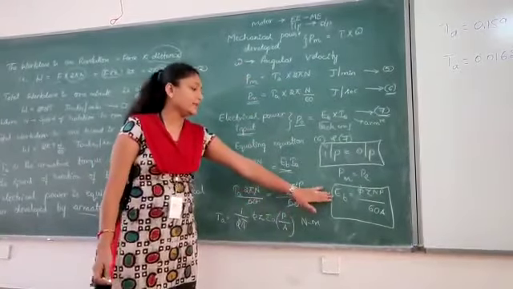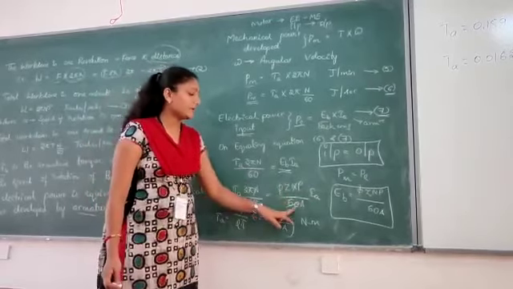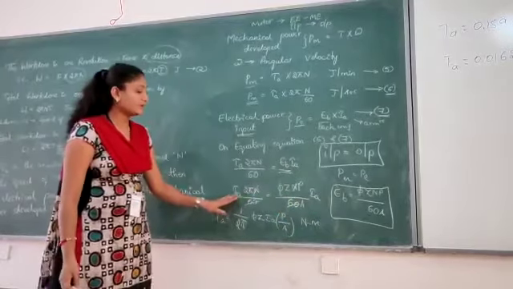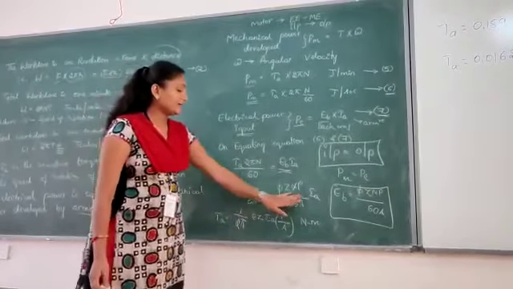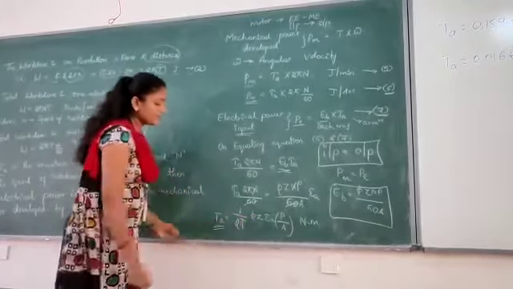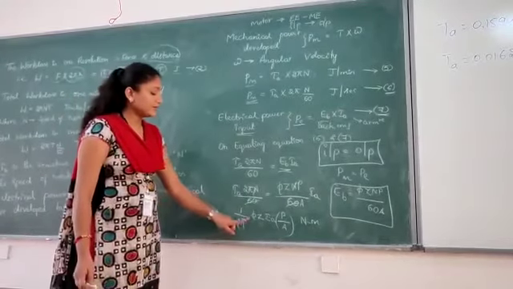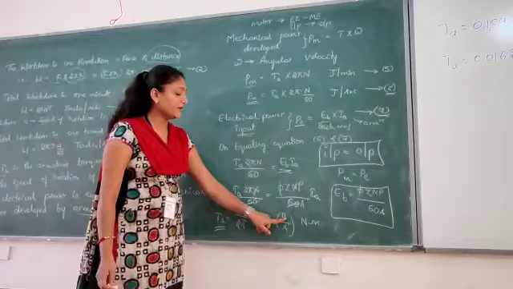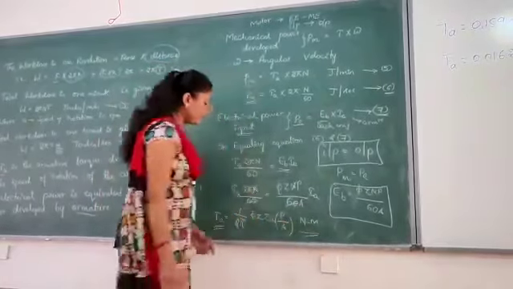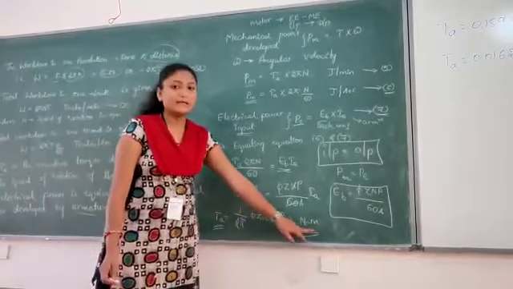Taking this EB into armature current IA, and simplifying to get the total armature torque TA, we get the equation 1 by 2 pi phi ZIA P by A in Newton meter, the standard unit of torque.